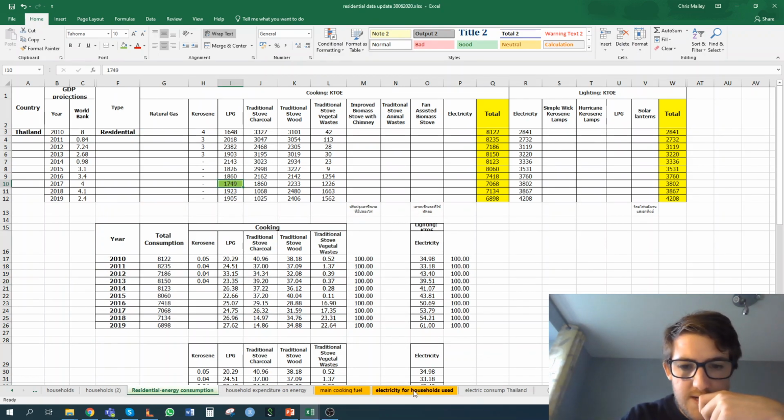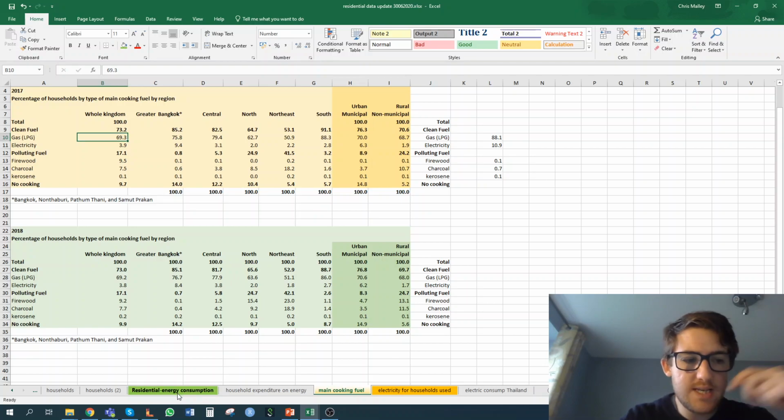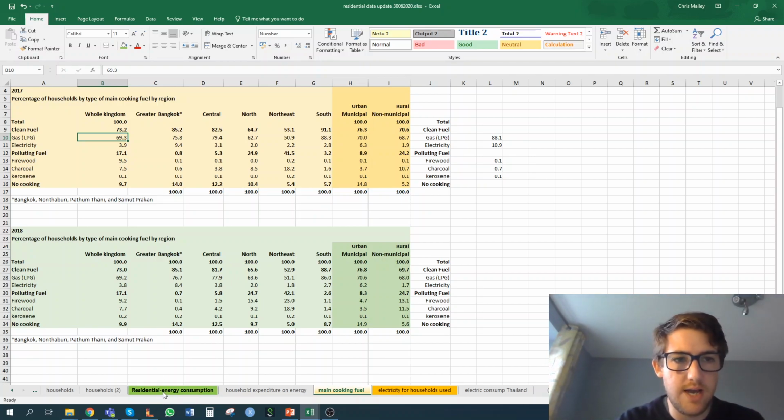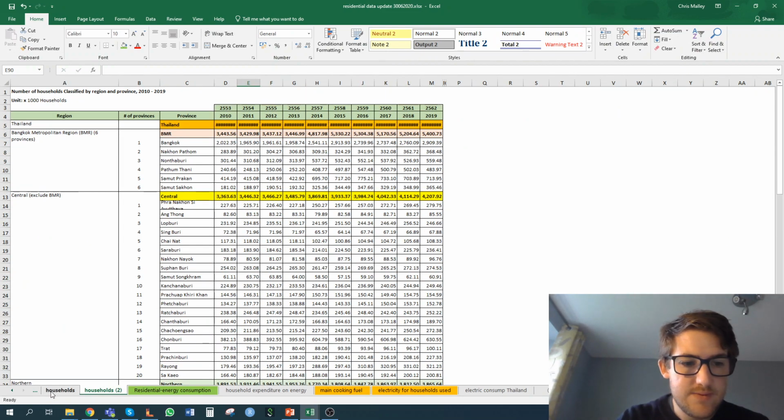Okay. So if I go to main cooking fuel, I'm now looking at the whole kingdom, and 63.9% of all households use LPG for cooking. 69.3% of all households. So I want to know how many households that is.